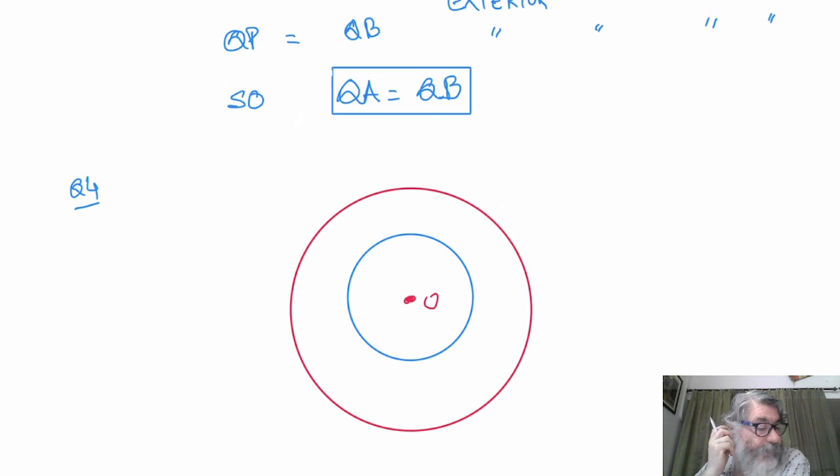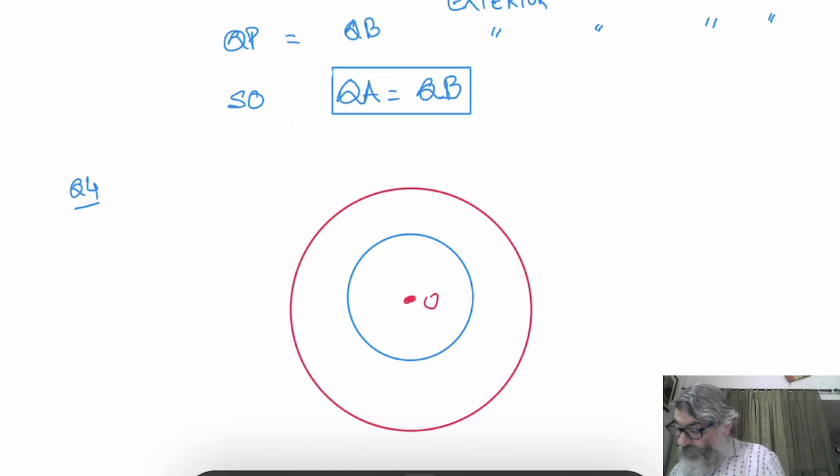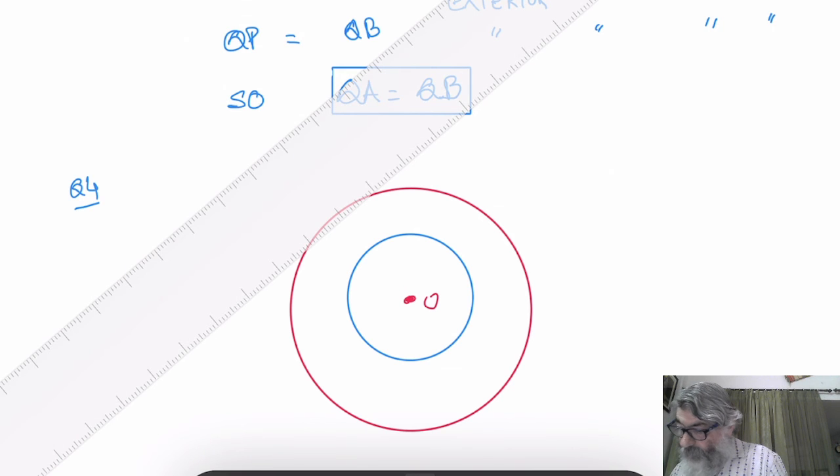We have to find... okay, let me draw the figure completely. Take the scale.